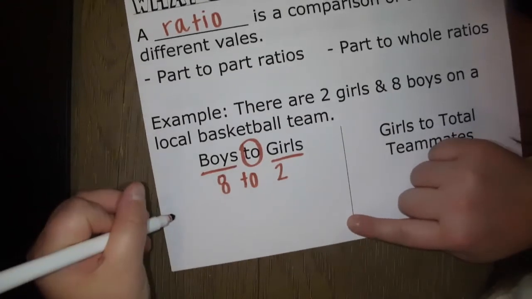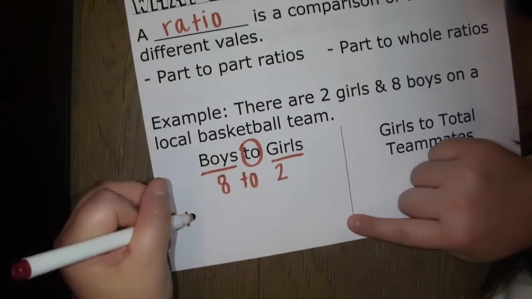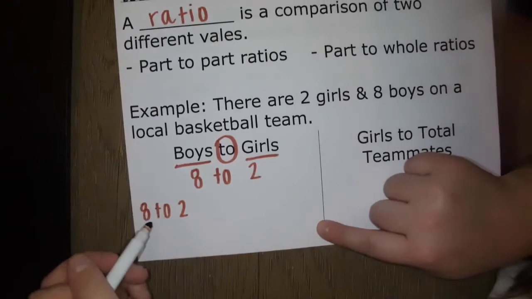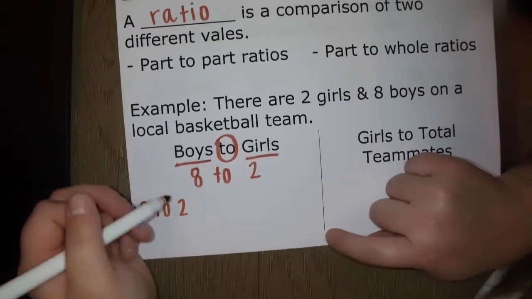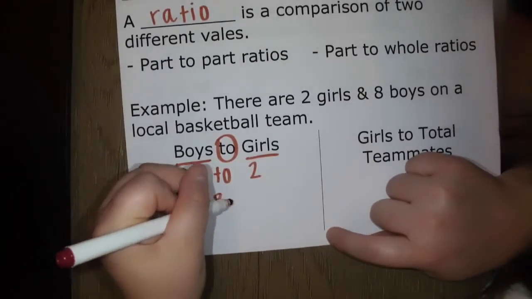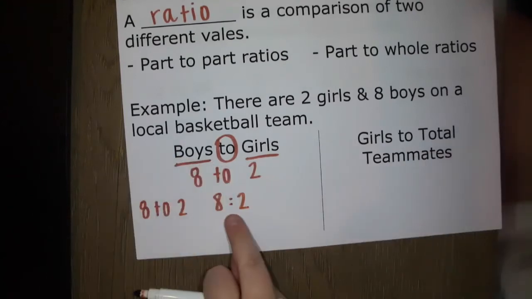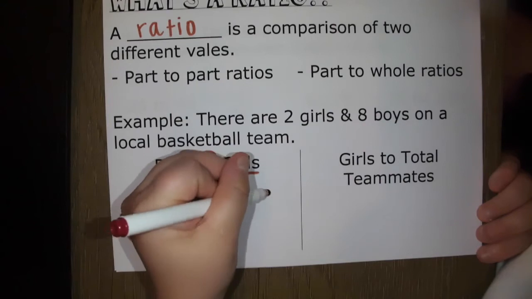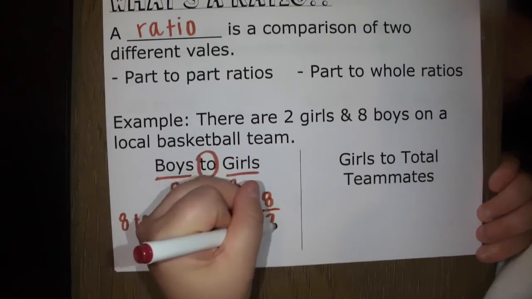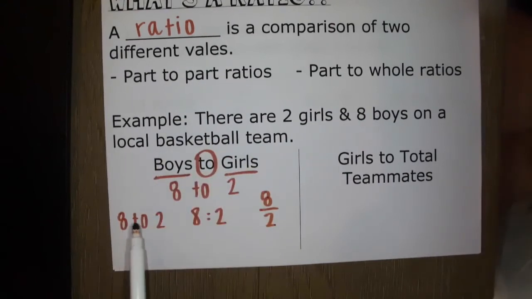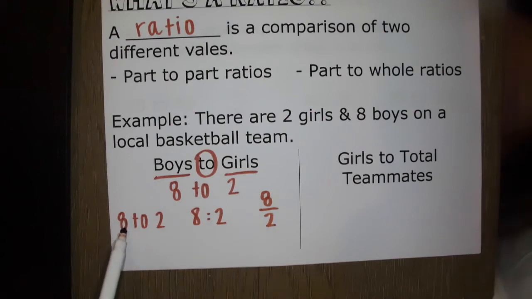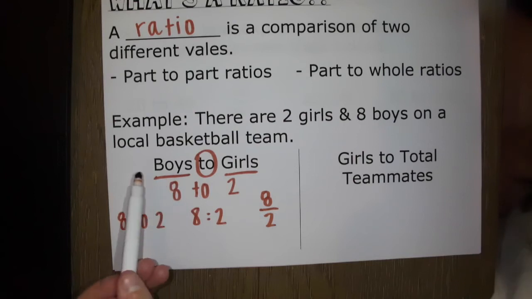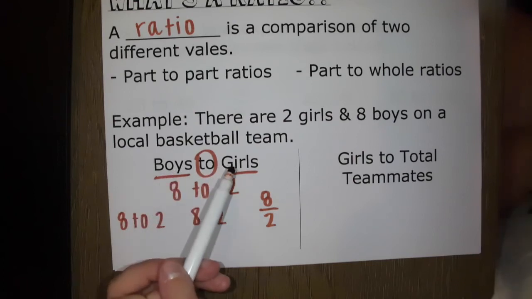You can write ratios out by writing 8 to 2 out verbally, exactly how we just did. You can also write it as 8 to 2 this way, separated by a colon. And then you can also write it as a fraction, 8 to 2. As you can see in each one of these, my 8, which represented boys, was always first because I needed to maintain my ratio of boys to girls.